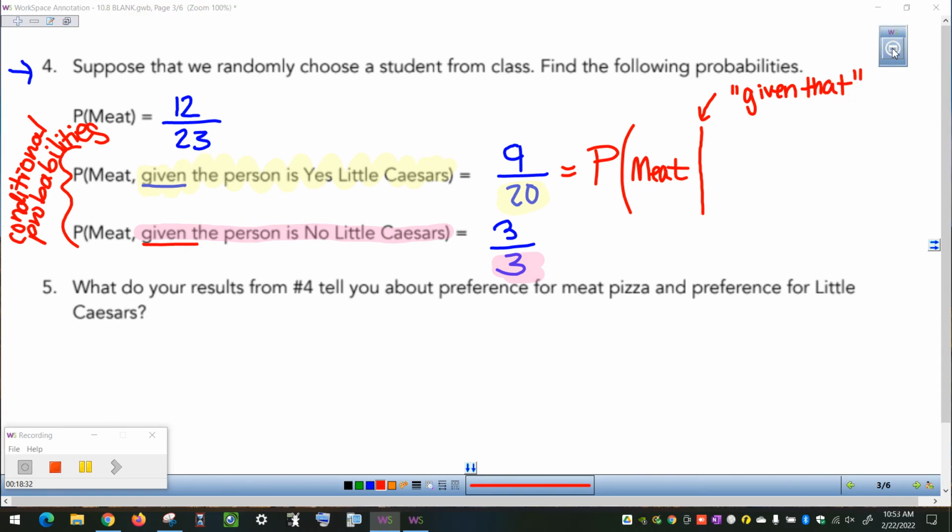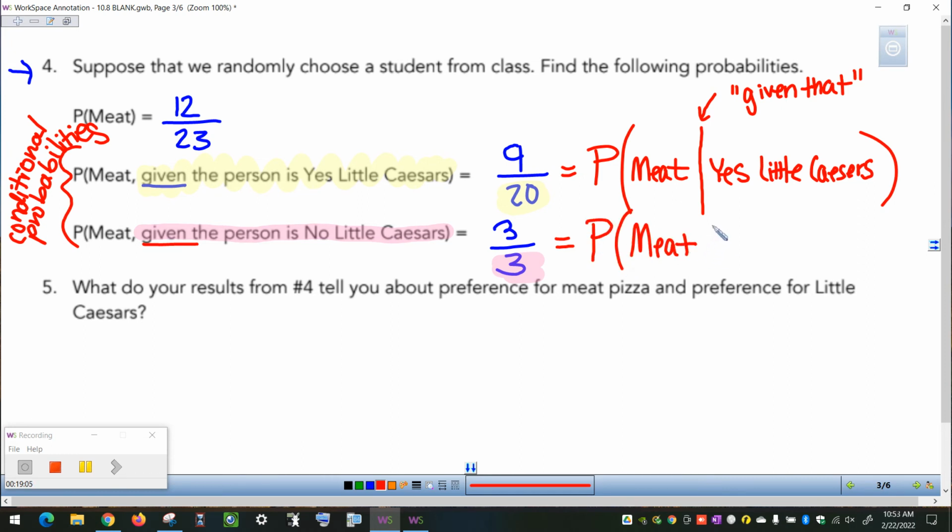So the probability that the student prefers meat, given that they are yes, Little Caesars. It's a shorter way that we can express that statement. Similarly, down below, what we just did was the probability that the randomly selected student prefers meat, given that they are a no Little Caesars.